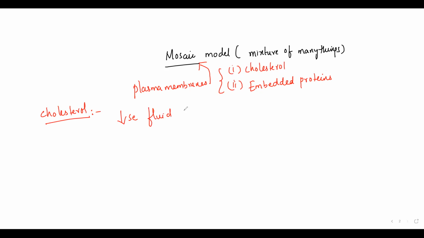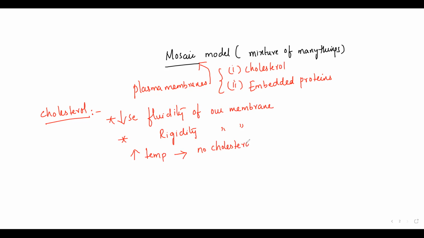So what cholesterol does is this is going to actually decrease the fluidity of our plasma membrane, of our membrane. So what it brings is a rigidity. So this is bringing a rigidity into our membrane, children, our cholesterol. And remember that at high temperatures, if you see a condition that if there is no cholesterol in the plasma membrane, then what would happen is at high temperatures the fluidity of your plasma membrane would have been more.